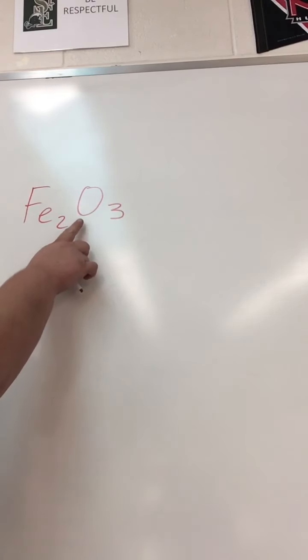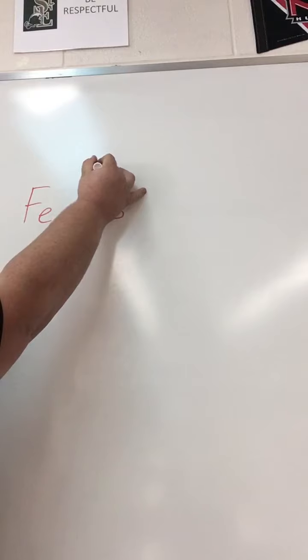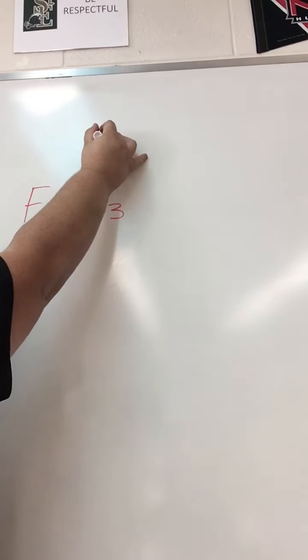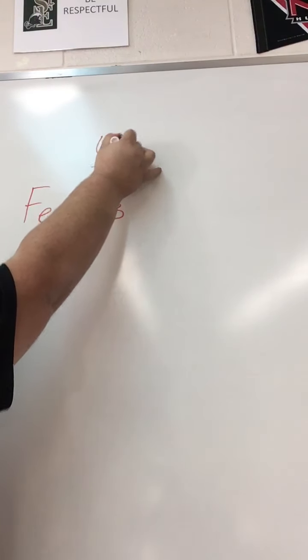All right, so I'm given this, it's some kind of iron oxide, but if I just say iron oxide, that's very imprecise. All right, so I have oxygen. I know oxygen has a 2- charge, and I have 3 oxygen atoms. So because I have 3 oxygen atoms, oxygen can be said to contribute -6 to this molecule, a total charge of -6.